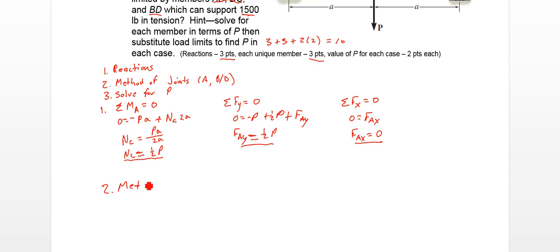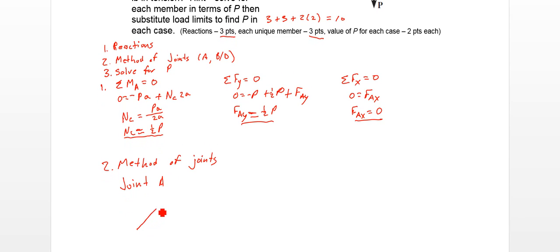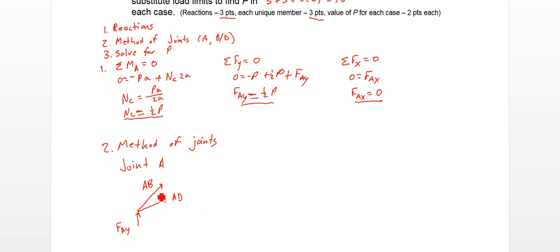Method of joints, starting at joint A. So what do we have there? We have AB, we have AD. I'm going to make these both tensions. We have FAY, and there's no X component.